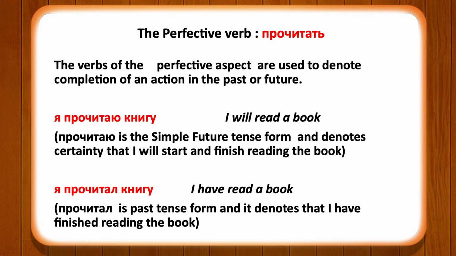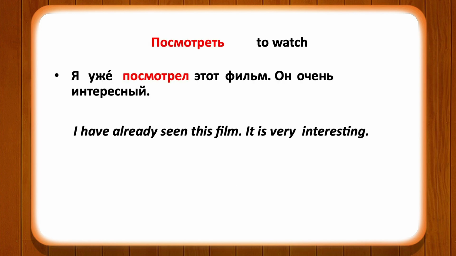The perfective aspect verb denotes an action that takes place once and has been completed. For example, я уже посмотрел этот фильм. Он очень интересный. I have already seen this film.